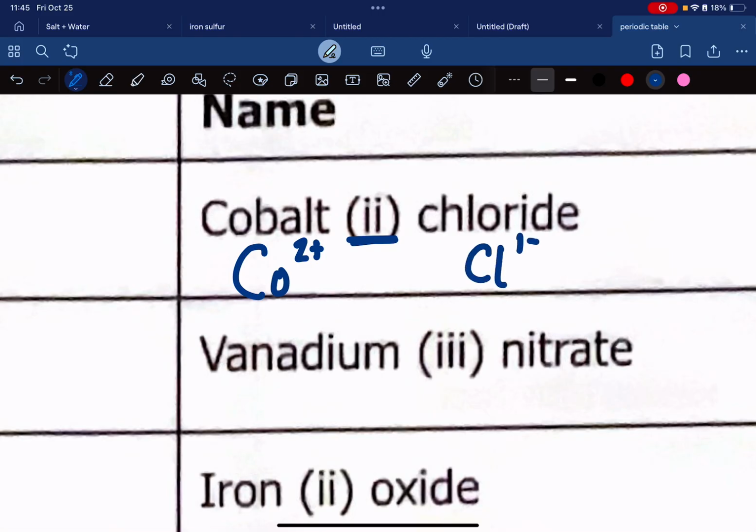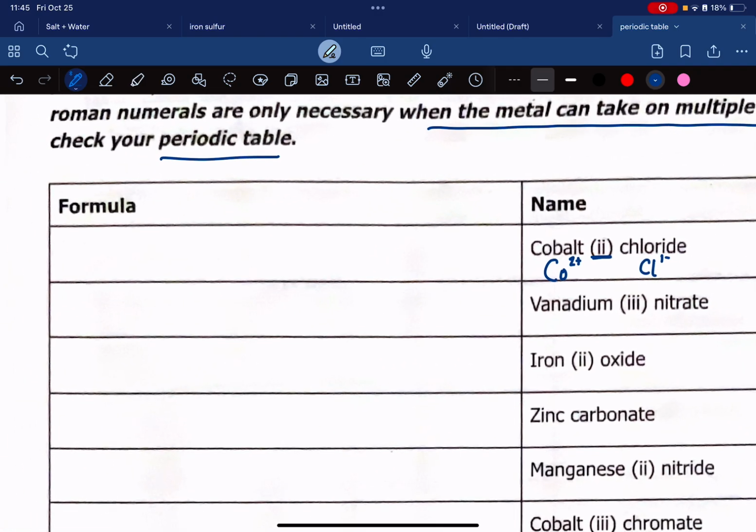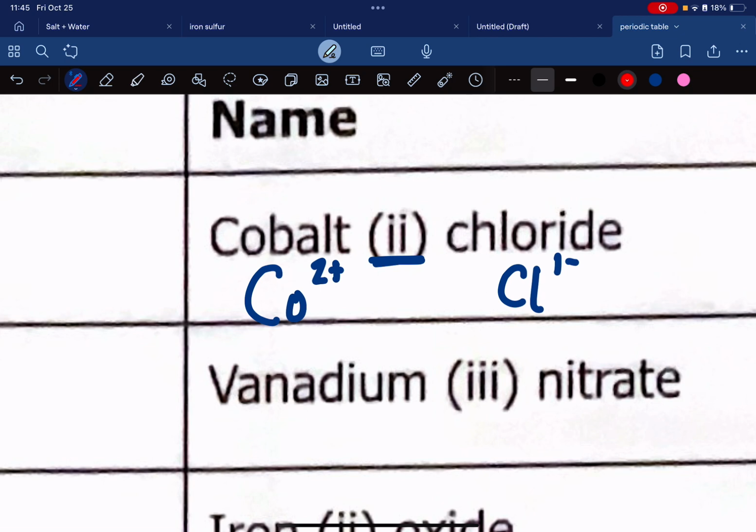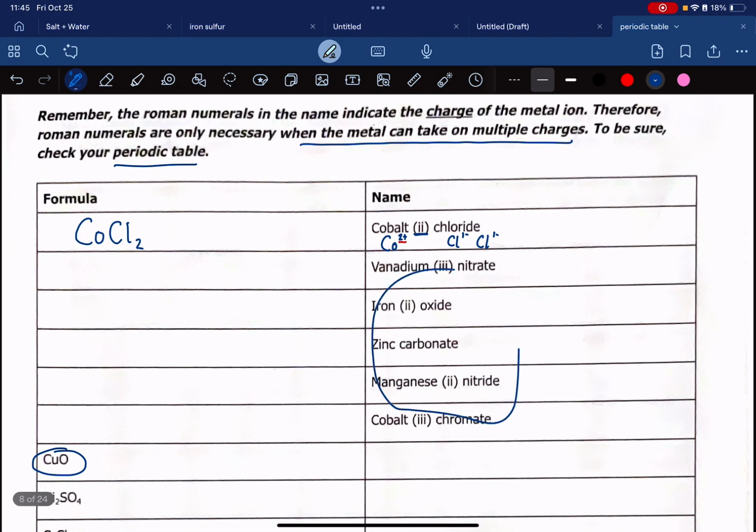Chloride is always a 1-. So to write the formula for this compound, it's going to be Co, and I need 2 chloride ions because I need to cancel out the positive 2 charge on my cobalt. I need 2 chlorides in order to do that. You see that? All right, so that's that one. You can fill out the rest of these using that same process.